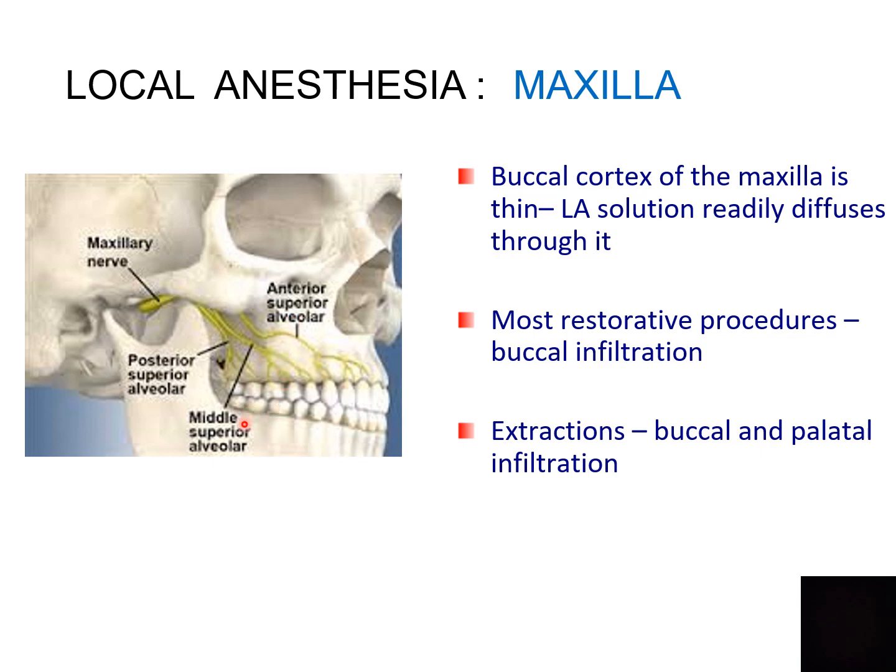The anterior and middle superior alveolar nerves branch from the maxillary nerve as it crosses the infraorbital canal in the floor of the orbit, and then they descend along the anterior wall of the maxillary antrum.